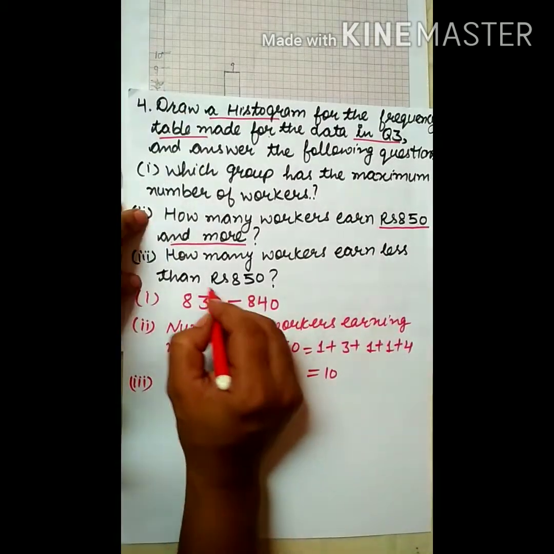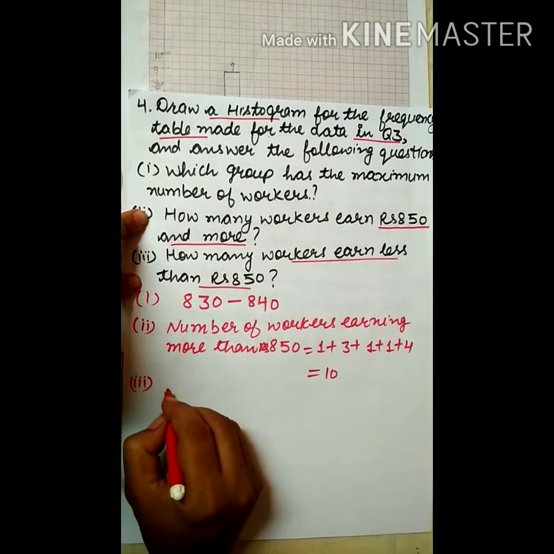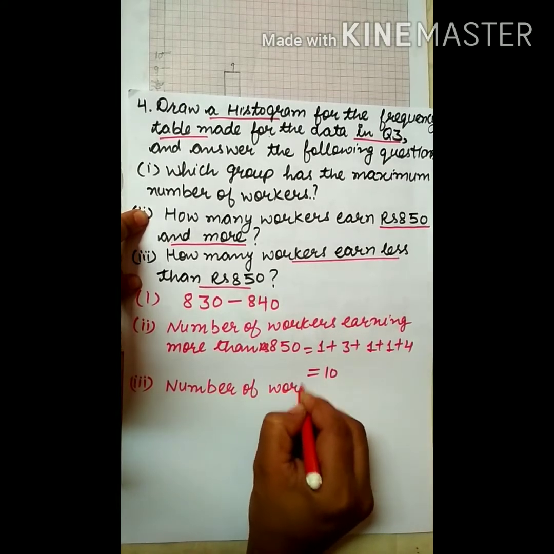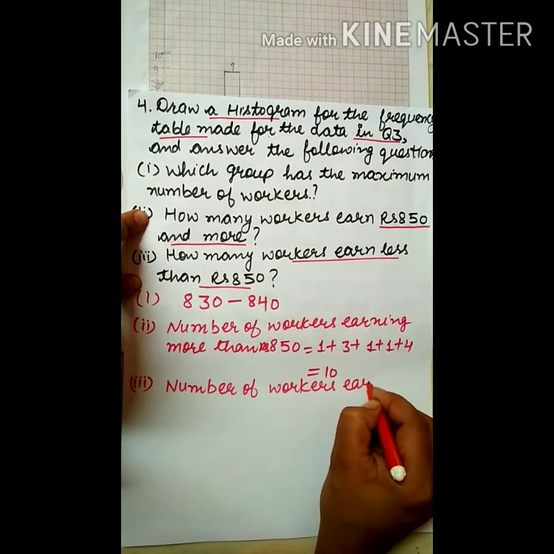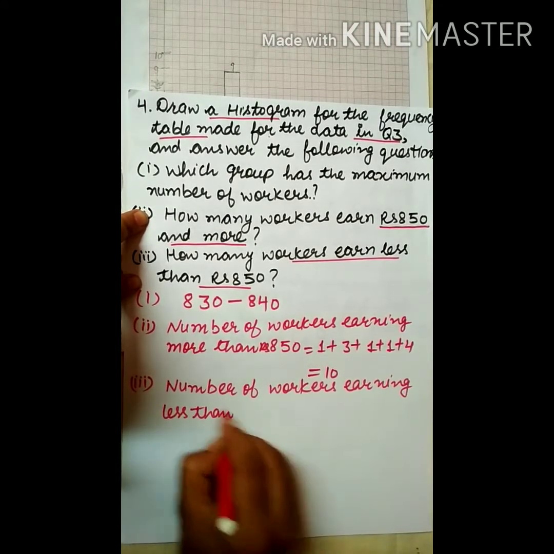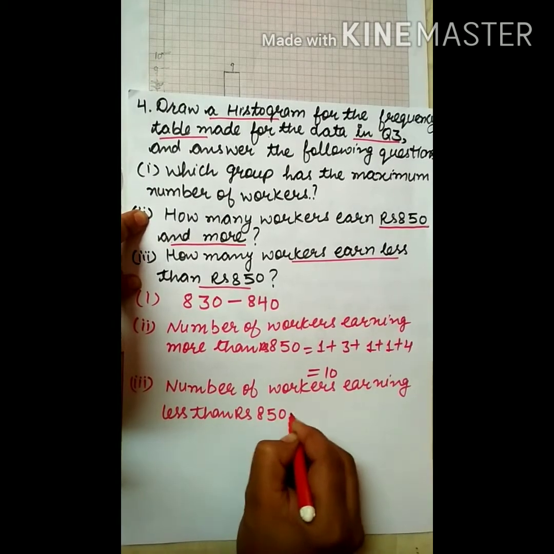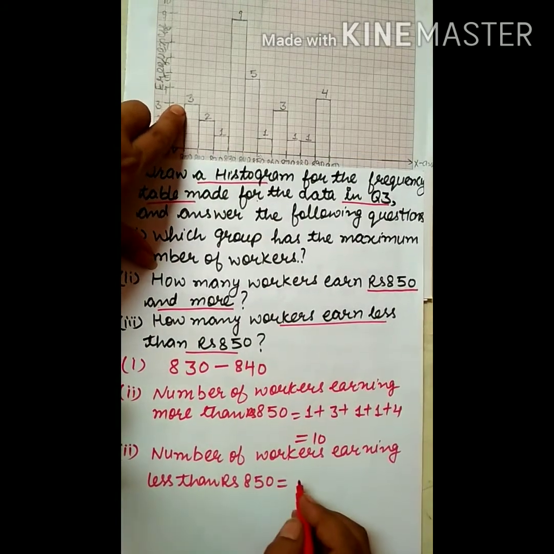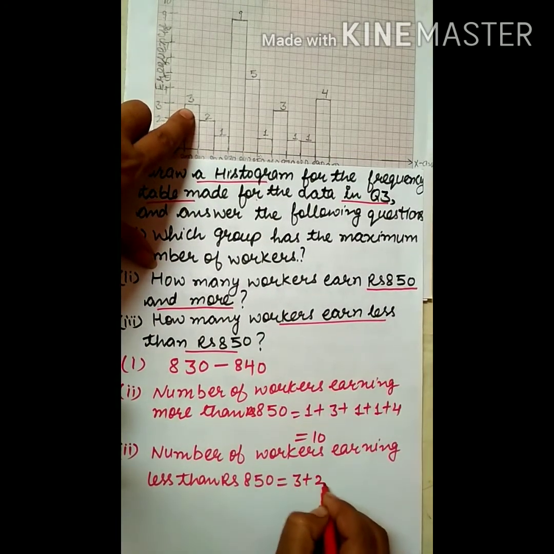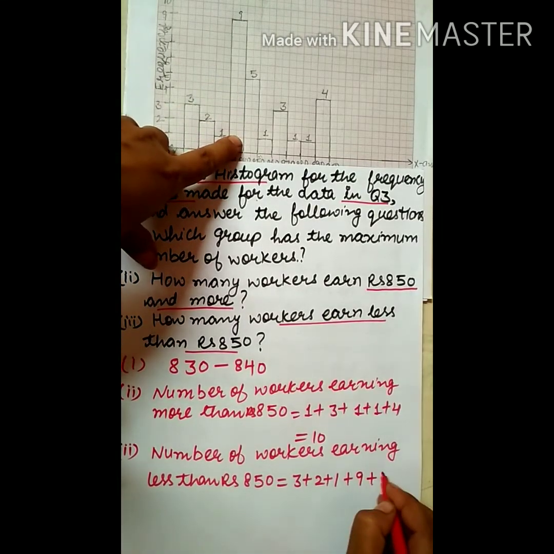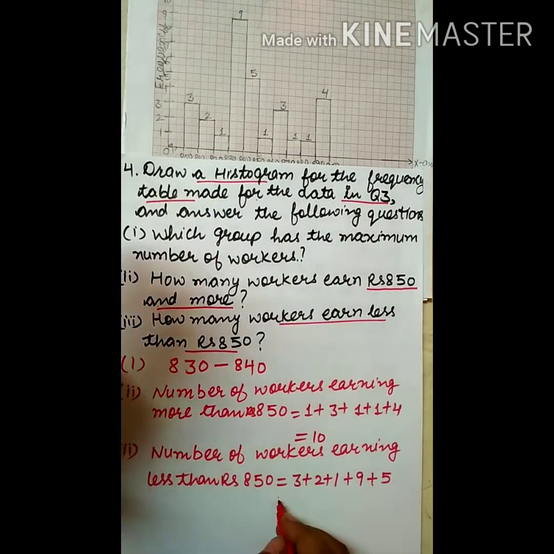So the number of workers earning less than rupees 850 is, from the graph, 3 plus 2 plus 1 plus 9 plus 5, which is equal to 20.